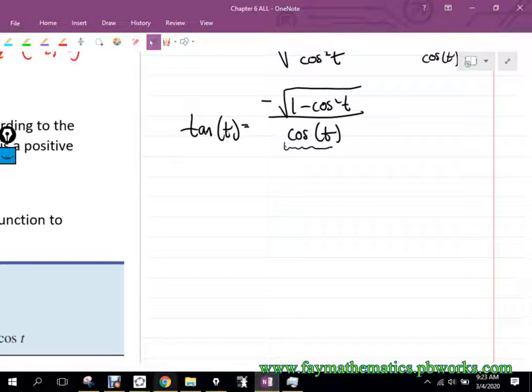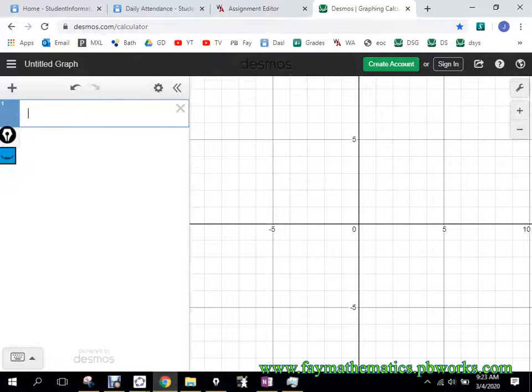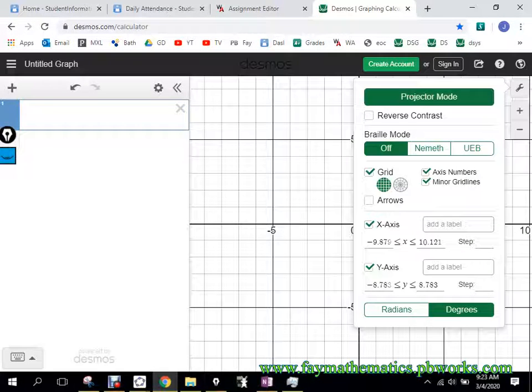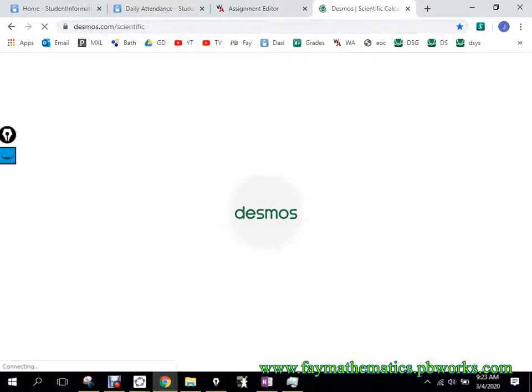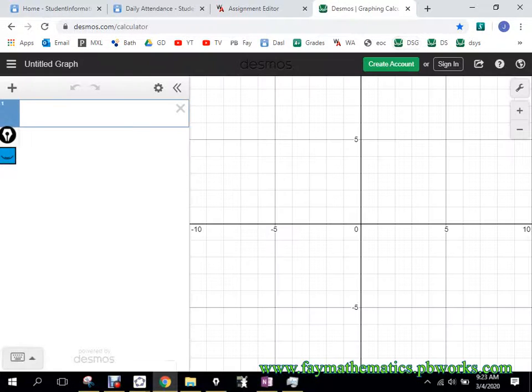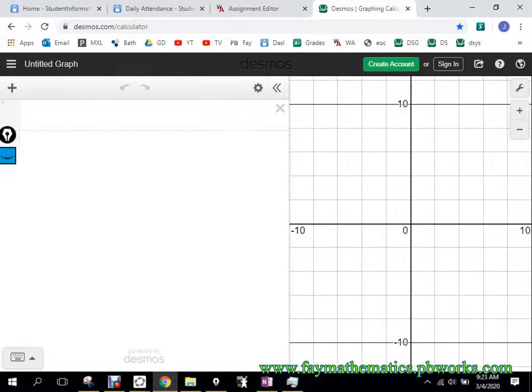We can check these, and I think this is a good thing to do. I'm going to go to Desmos. There are a lot of different Desmos versions of the calculators. I think I've shown you this one before. I predominantly use that one in my algebra class, but this one is the one that you're going to want to use because it incorporates secant, cosecant, cotangent. So you just type in secant and it'll work.